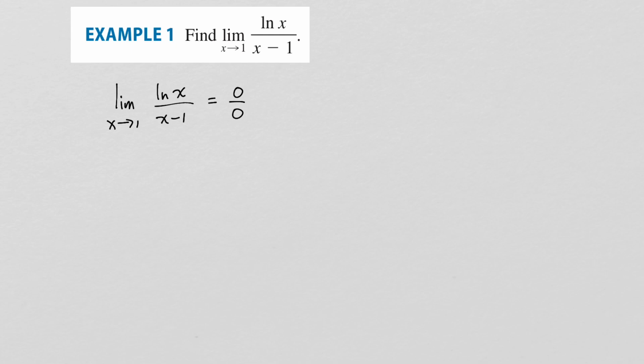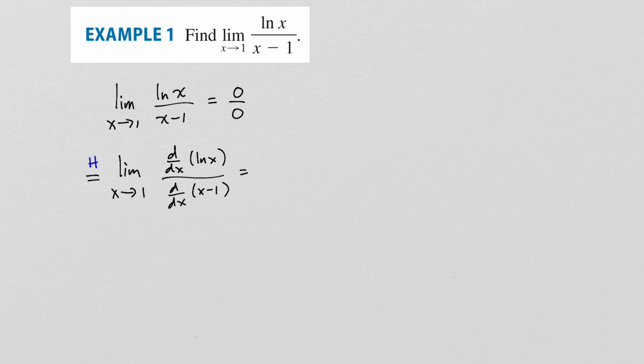And so using L'Hopital's rule, we know that this limit is equal to the limit as x approaches 1 of the derivative of natural log of x divided by the derivative of x minus 1. And anytime I use L'Hopital's rule, I like to put a capital H above my equal sign to indicate that I'm using L'Hopital's rule.